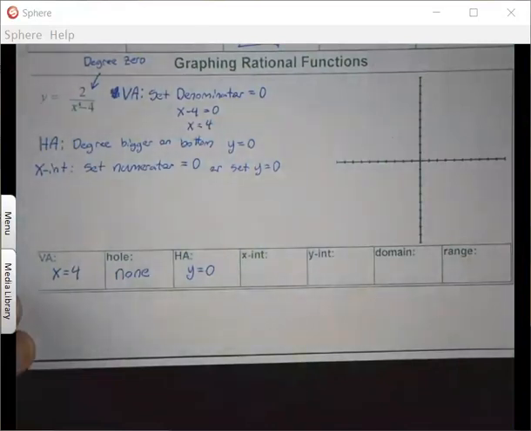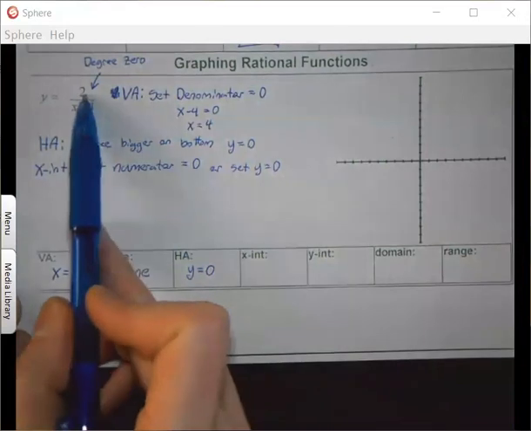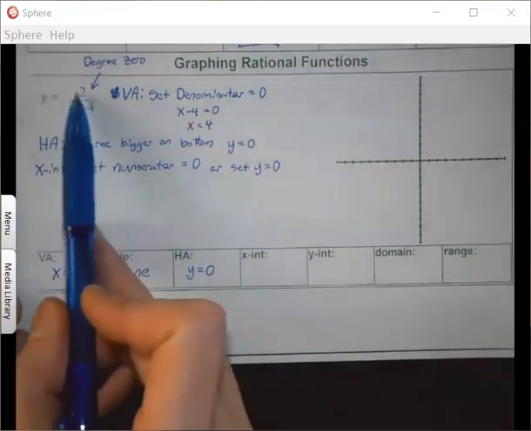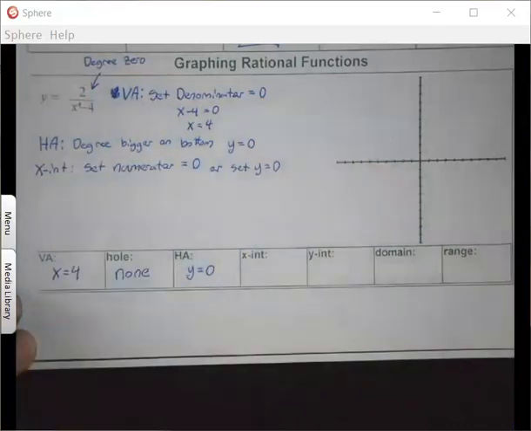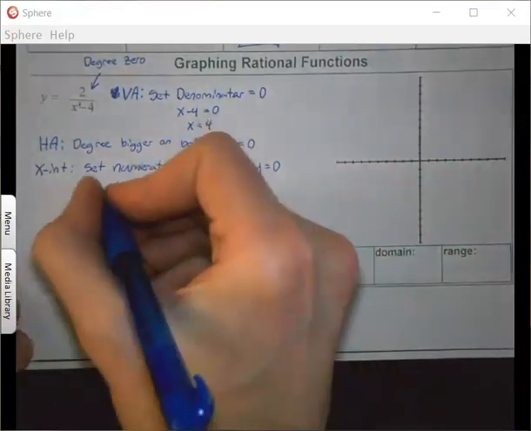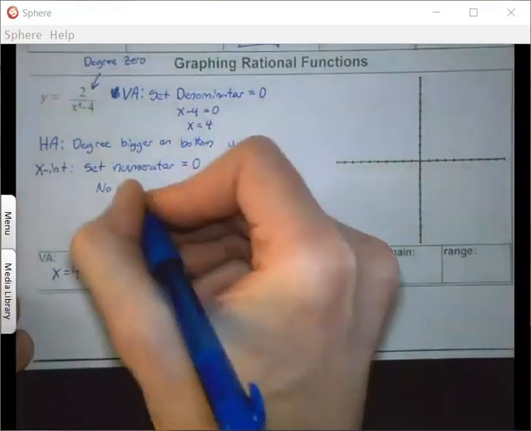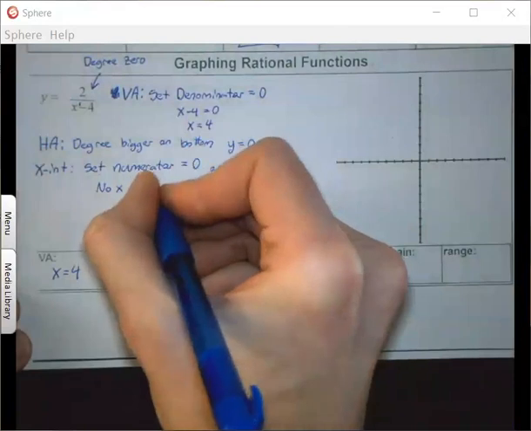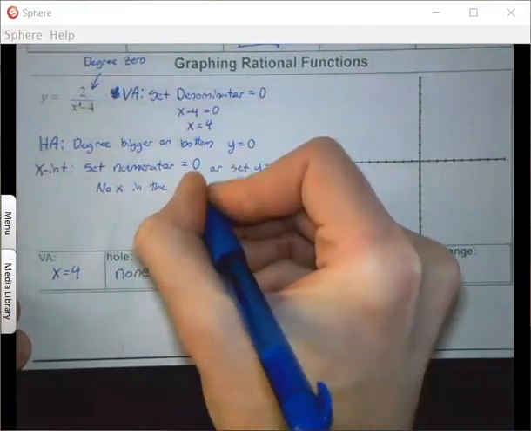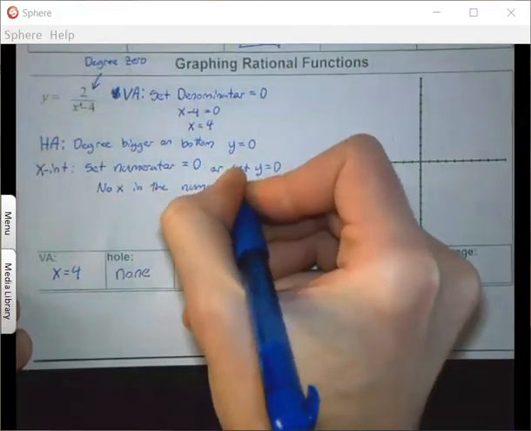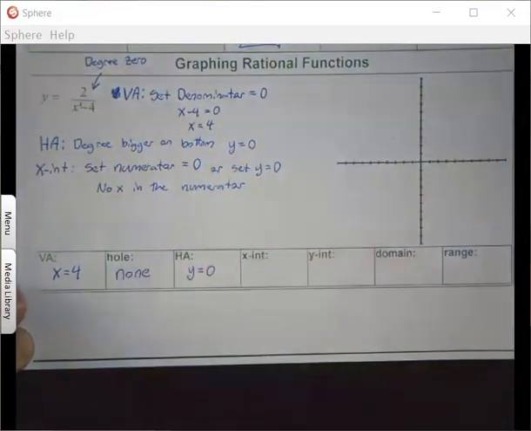Now, there is one complication. For this example, there's no variables in the numerator. We can't set the numerator equal to 0 because it has a value of 2. So if there's no x in the numerator, that means there's no x-intercept.